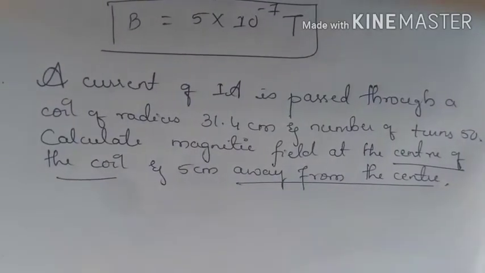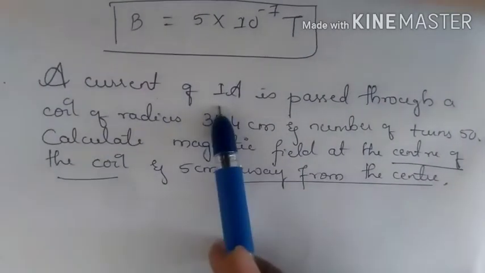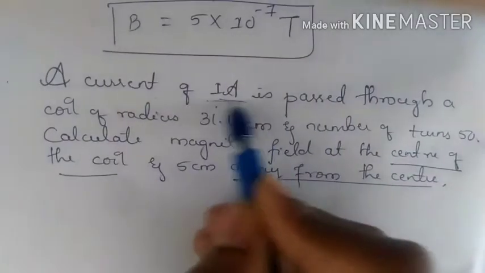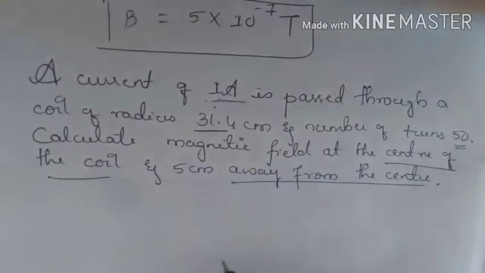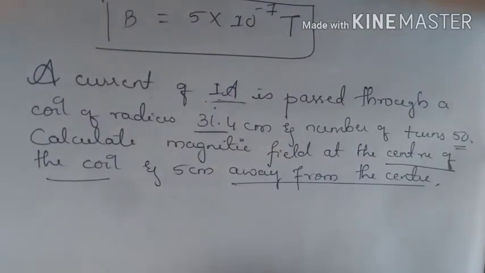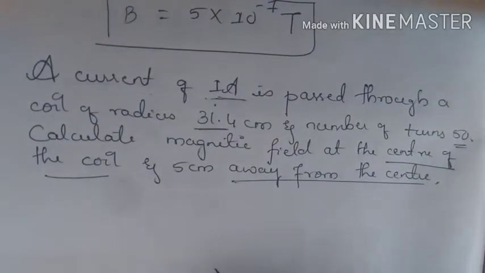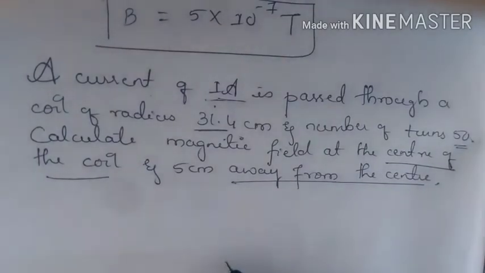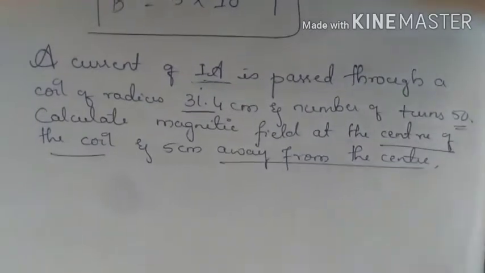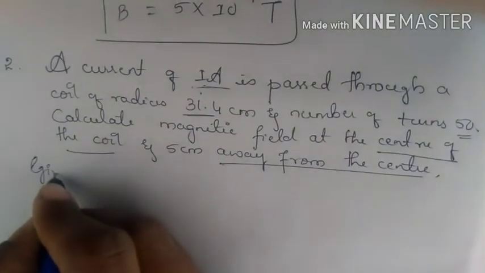What all is given to us? Current is 1 amp. The radius of the coil is 31.4 centimeter and the number of turns is 50. Let us first find the magnetic field at the center of the circular coil carrying current. Before that, let us write the given data.